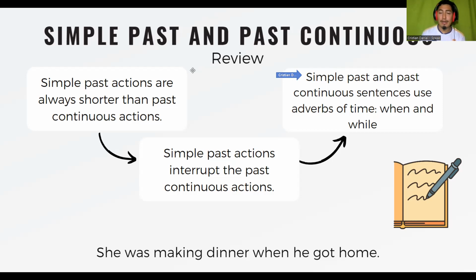She was making dinner when he got home. Another option could be she was making dinner while he got home. In that context, we know that the first action, the past continuous action, started before the simple past action, and the next action started in the middle of the past continuous action.